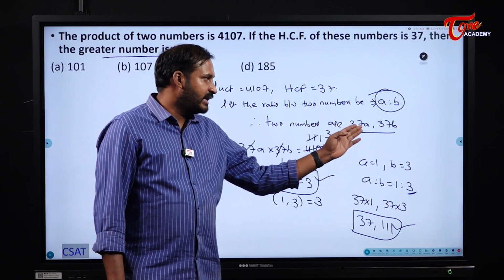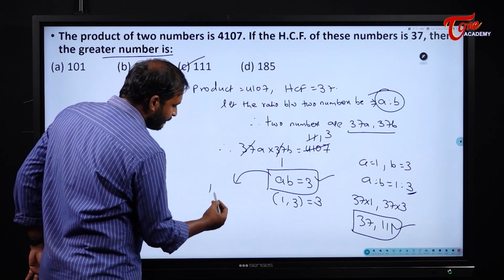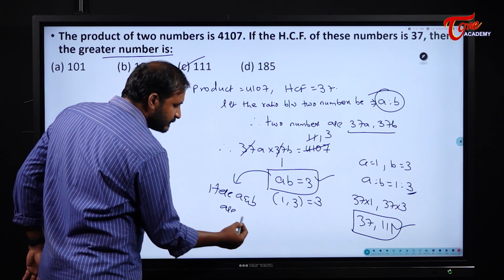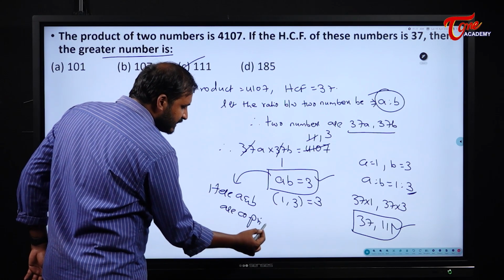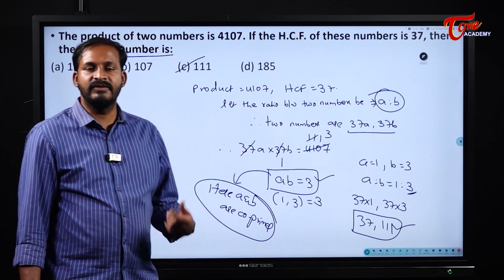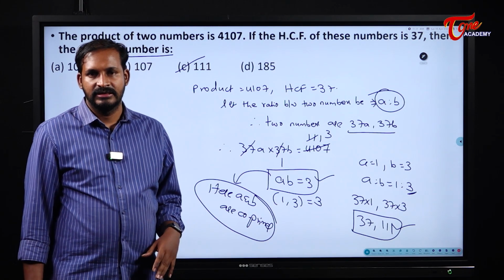HCF we have written, and A and B, we should know that A and B are co-primes. What is the reason? Any numbers which are present in the ratios will always be co-primes. Why? Because when we write the ratio, if it is not further cancelable, then only we stop our cancellation.